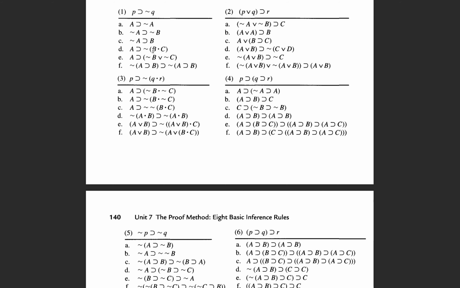The consequent is a negation, yes? Because the major operator of the subformula that is the consequent, the major operator is the negation. Compare that to E, right? Here, is it the case that E is a conditional where the consequent is a negation? No, it is not. The consequent is not a negation. The consequent is a disjunction.